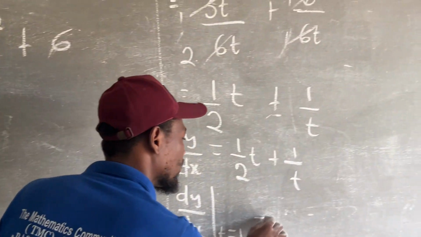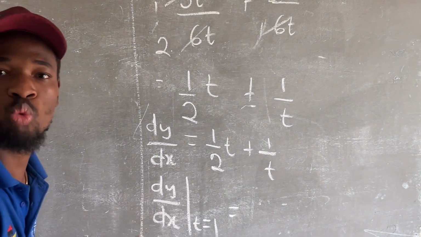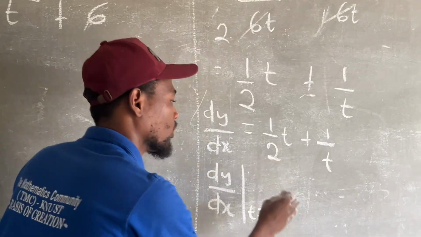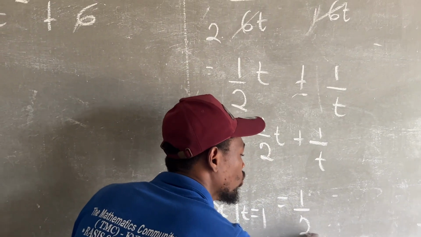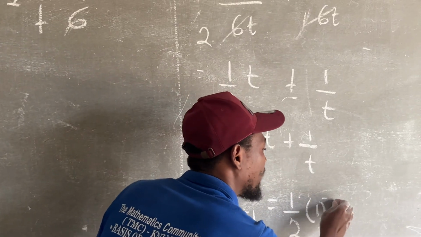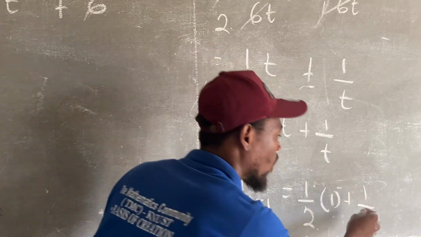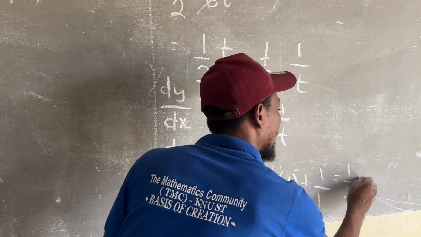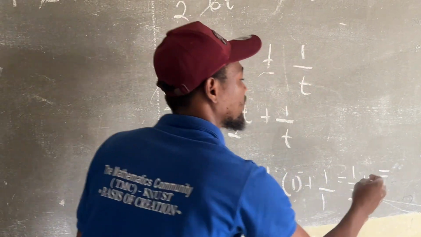What it means is, wherever you see t, put 1 over there. So as a result of that, we have half, 1 on 2, times t, which is 1, then plus 1 over t, which is 1. So I have half plus 1, which is equal to 3 over 2.